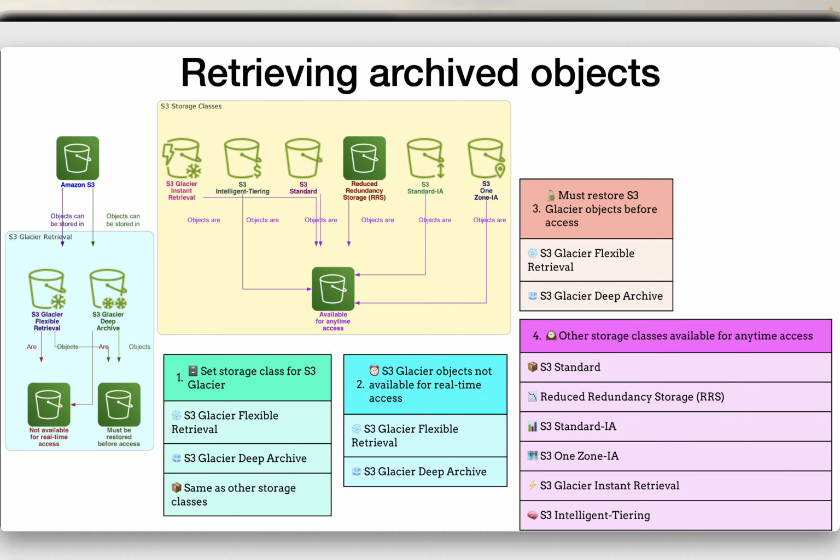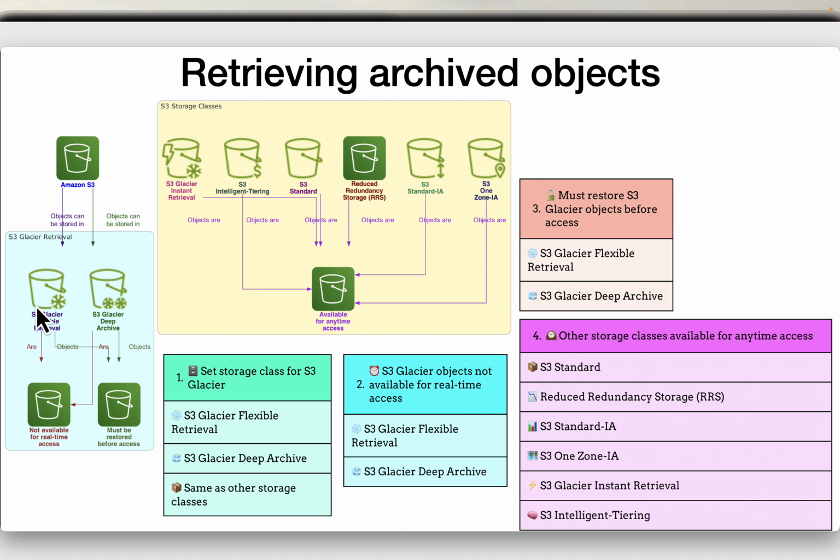And these are the standard classes which you should move them to so that you can access them. These are S3 Standard, Reduced Redundancy Storage (RRS), S3 Standard Infrequent Access (IA), S3 One Zone Infrequent Access, S3 Glacier Instant Retrieval, and S3 Intelligent-Tiering. These objects are available for anytime access, or we can say real-time or near real-time access.